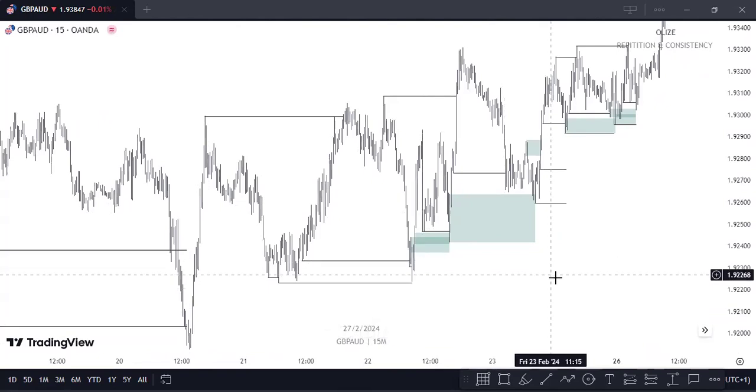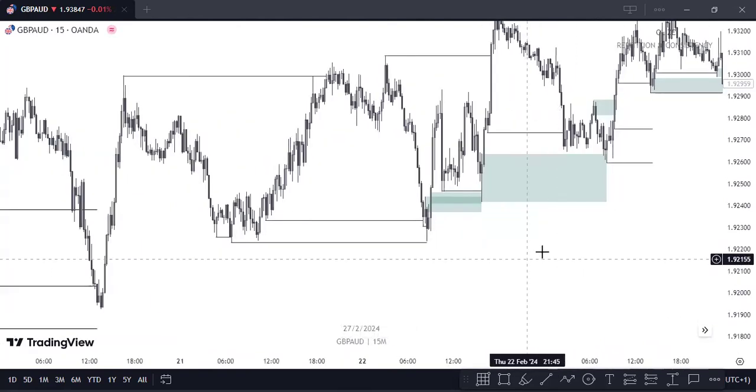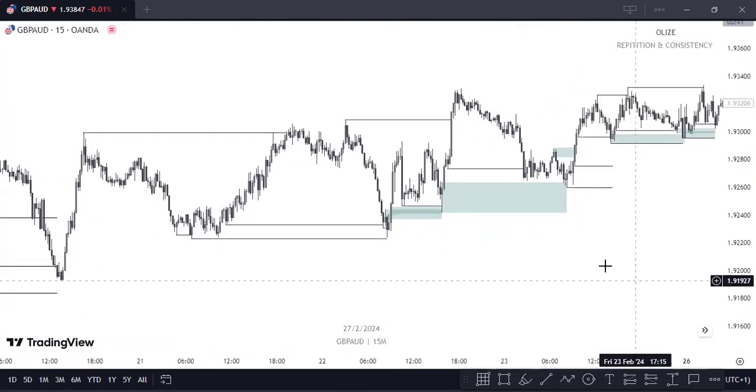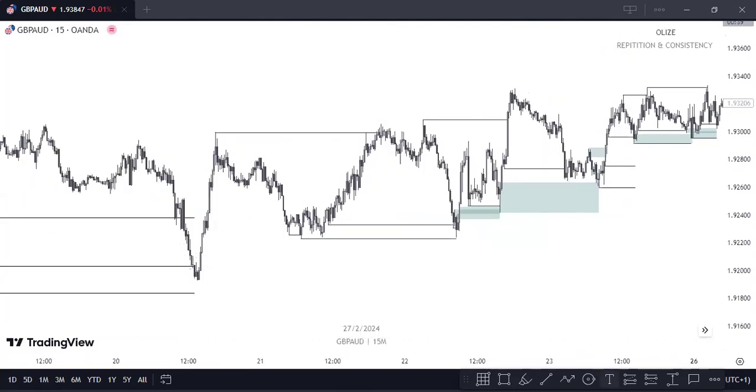Now, I'm very sure someone here, this is what you mark out, and you now come to me and tell me price did not come to the most extreme.